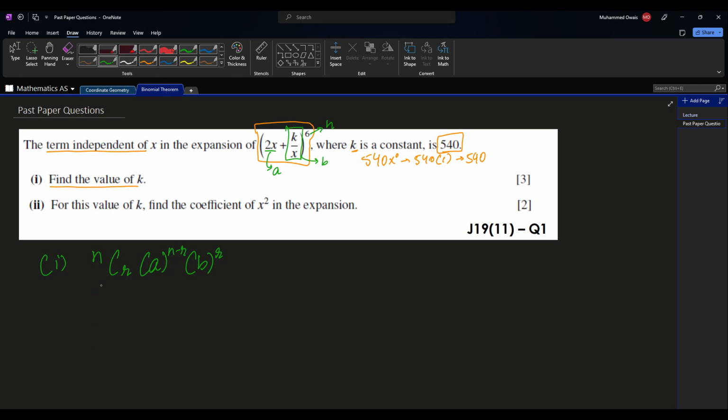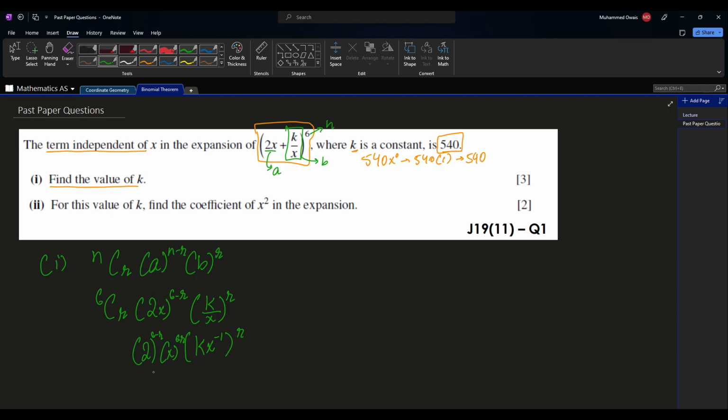Now we can just replace this here: 6Cr into a is 2x, n is 6 minus r, and then b is k over x power r. We can bring this x to the numerator, so this becomes kx to the power minus 1. So this has a whole power of r, and this is 2, 6 minus r, and x 6 minus r. As these are two different terms, both will have the power 6 minus r applied to them.